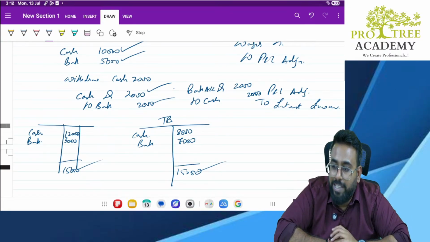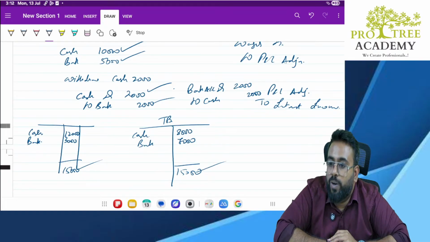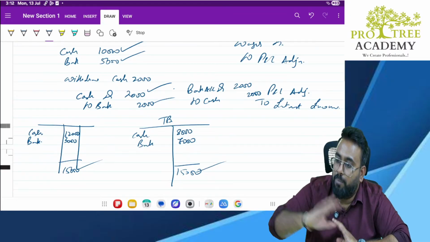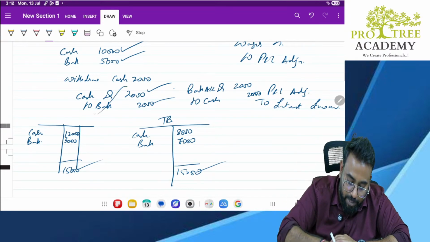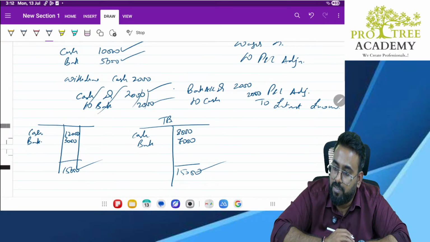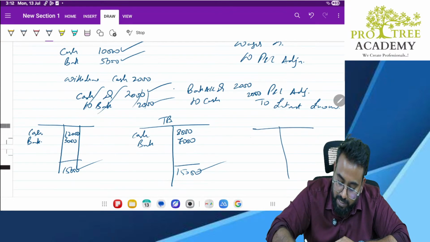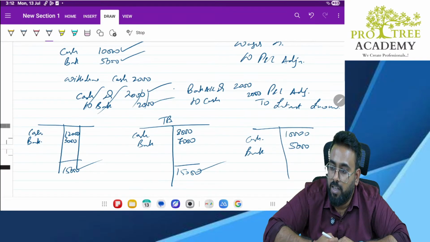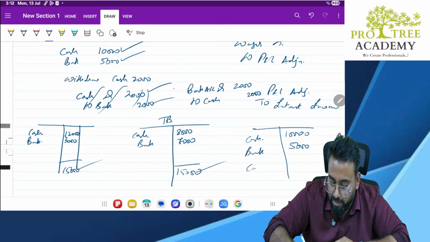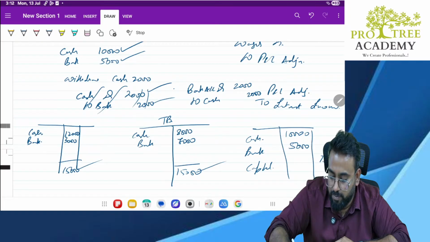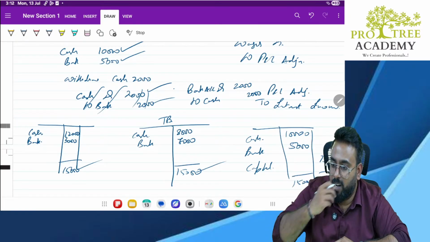Sir, if you omit the entire transaction, will it be shown in the trial balance? No. Why? Say for example, I missed recording this transaction. Okay, fine. Cash account 10,000, bank account 5,000, and capital introduced 15,000. 15,000, 15,000. Correct? This is your trial balance.